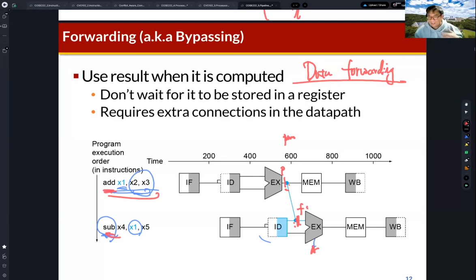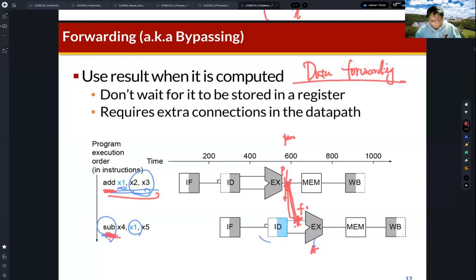Do you understand? So this result can be delivered to the input of the ALU for the sub instruction because this is okay. It is decided at this time, and after some time, this result can be delivered.